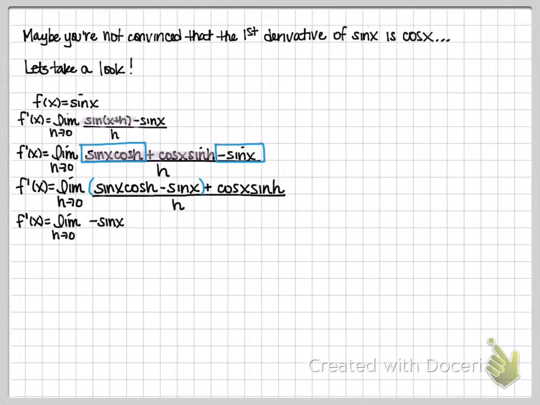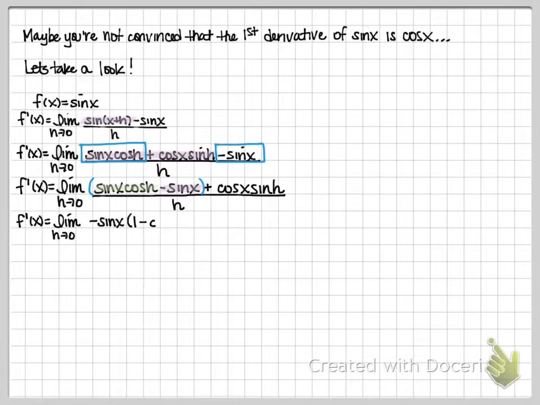Now when I do that, I'm going to go ahead and pull it out of this first guy, or the second guy right there, so I can get a positive 1 to come first. Then I'm going to pull it out of the second one next. So I'm going to take it out of the purple guy first, and I'm going to take it out of the green guy second.